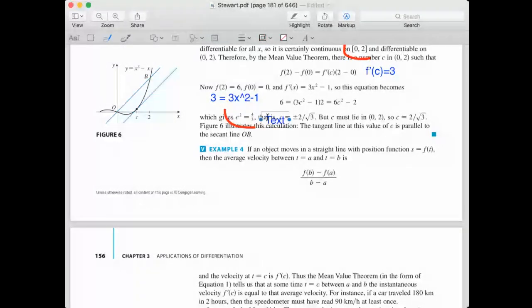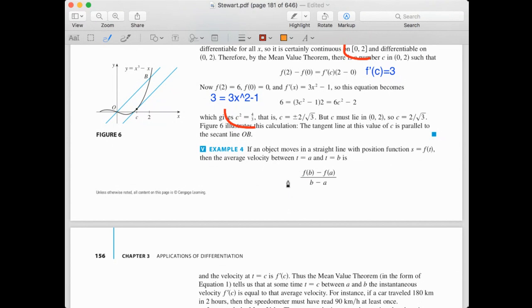So we can just write this as f prime of c equals, right? The mean value theorem.